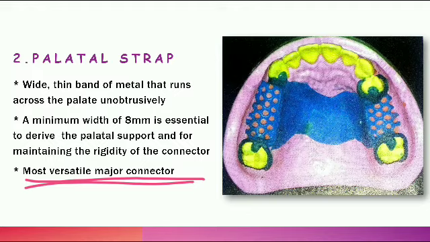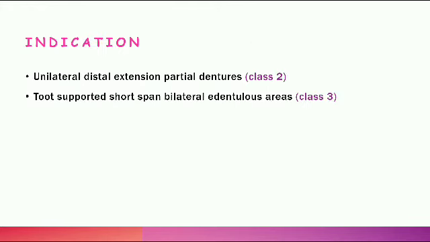Now let us move on to its indications. The first indication is unilateral distal extension partial denture. When there is a distal extension case and it is unilateral, it is class 2. But if it is a bilateral edentulous space distal extension case, it is class 1. So you can use palatal strap in Kennedy class 2, and you can also use it in class 3.